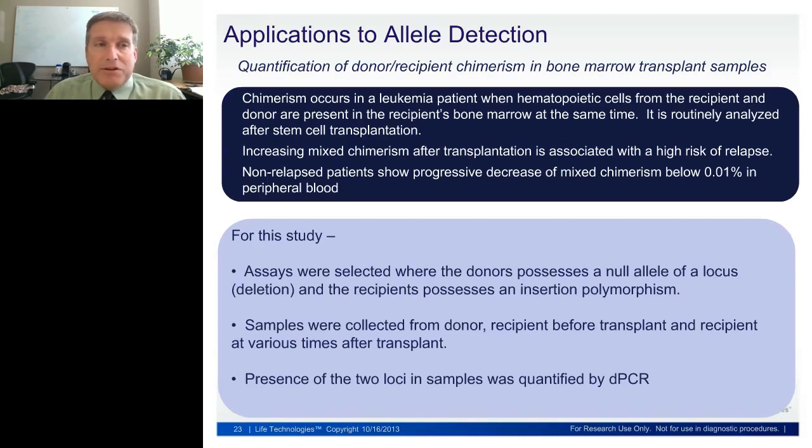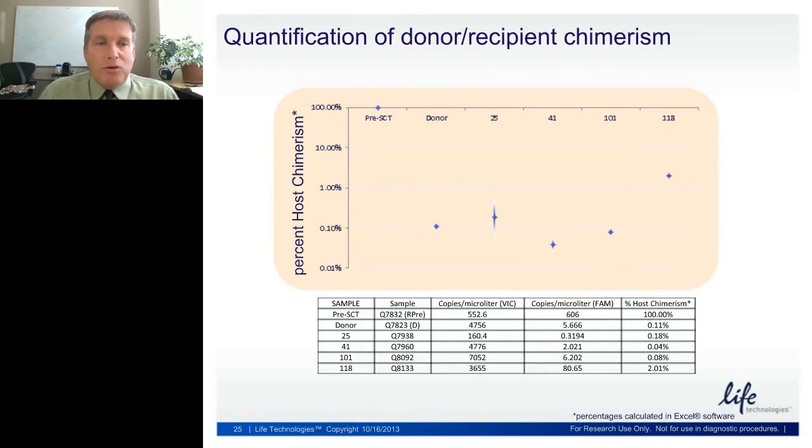So we're very easily able to distinguish the donor from the recipient. We collected samples from the donor and the recipient before the transplant, and from the recipient at various times after the bone marrow transplant. And we determined the presence of the 2 loci in samples by digital PCR at various time points after the transplant. This is an example of one patient or one study.